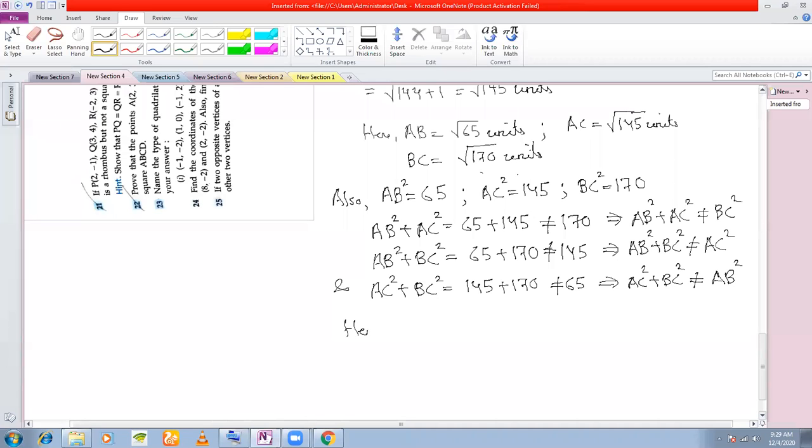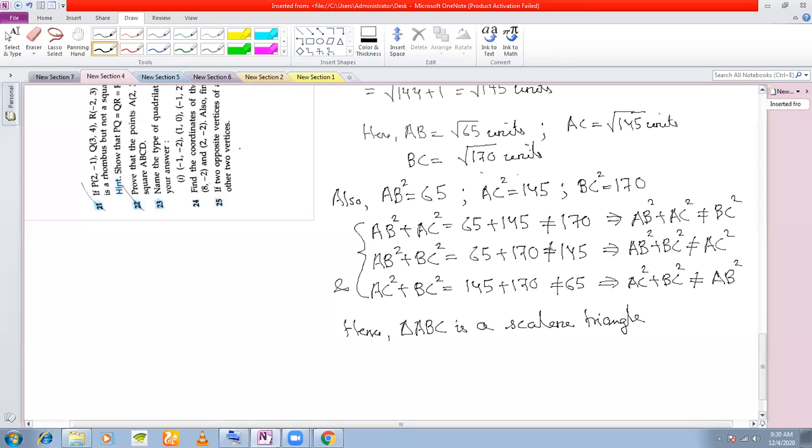Hence, triangle ABC is a scalene triangle, and it does not have a right angle anywhere, because I have checked all three, and in none of these did I get AB square plus AC square equal to BC square, or AB square plus BC square equal to AC square, or AC square plus BC square equal to AB square.